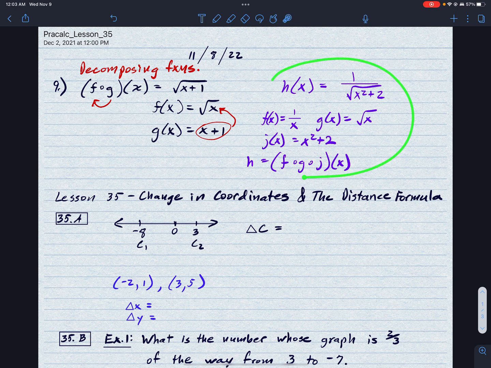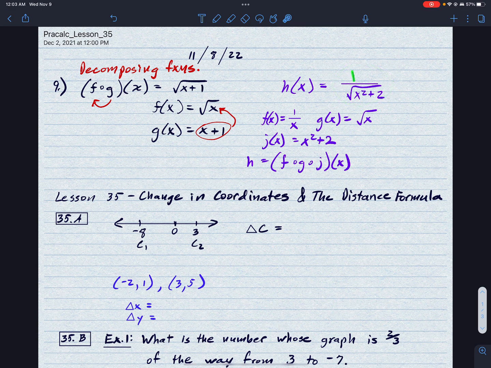Over here, I've got another example showing three functions pieced together. So if I assume that h is the composition of a couple of functions, and h is equal to this that I'm circling here in green, then it's easy to kind of work from the outside in. The outer shell of this is that it's a rational function.